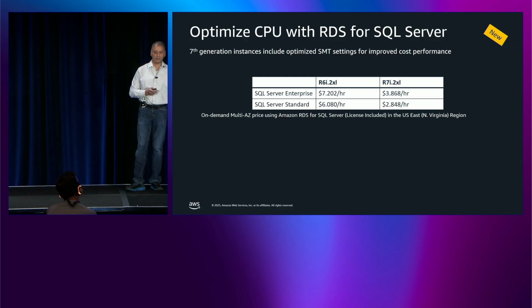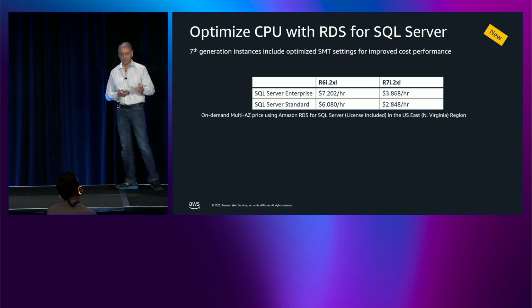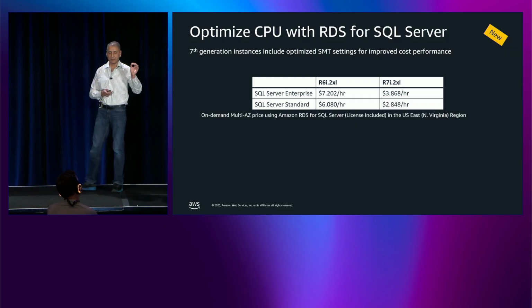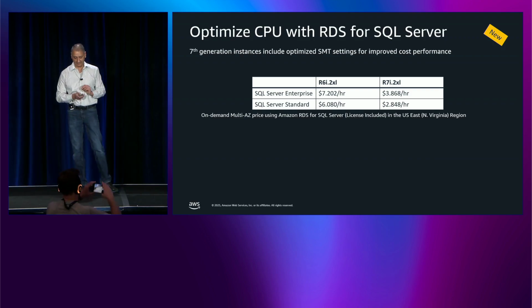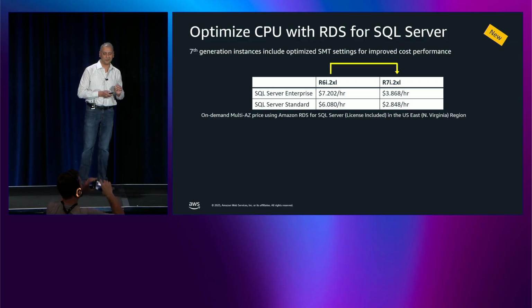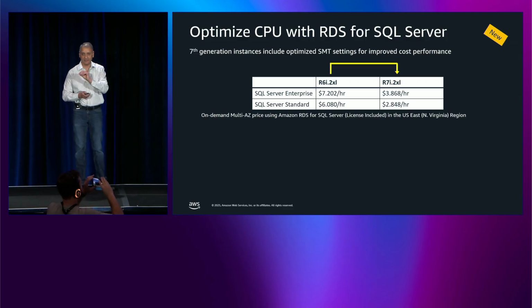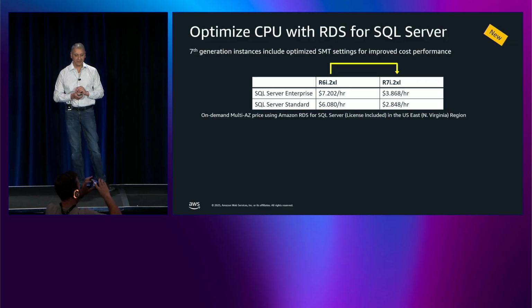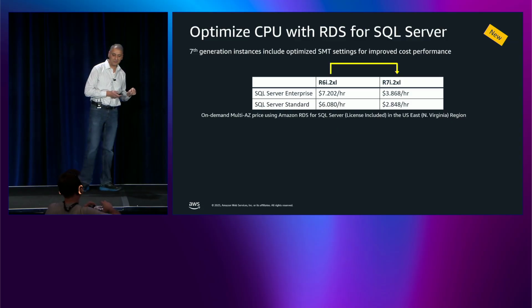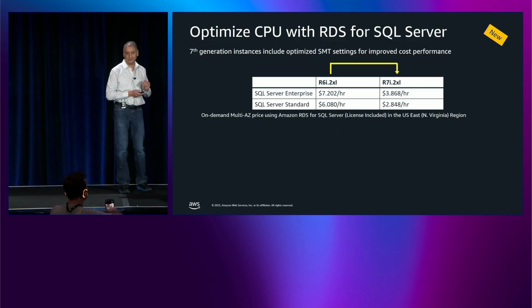So if I was using SQL Server Enterprise with an R6 2XL instance, and I simply upgrade to an R7 2XL instance with the same number of physical CPU cores, my price goes down from 7.202 per hour to 3.868 per hour. If I'm doing SQL Server Standard, my price goes from 6.080 per hour to 2.848 per hour.